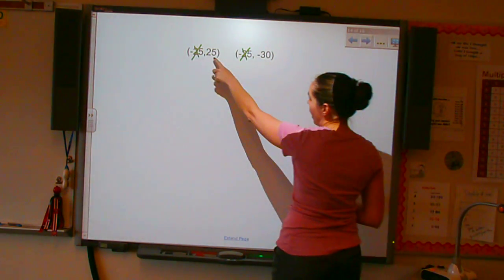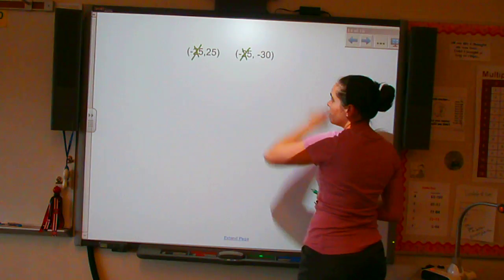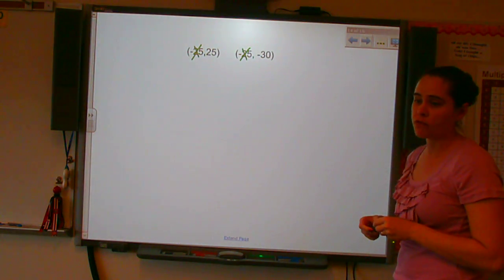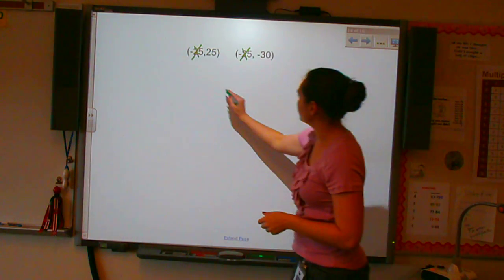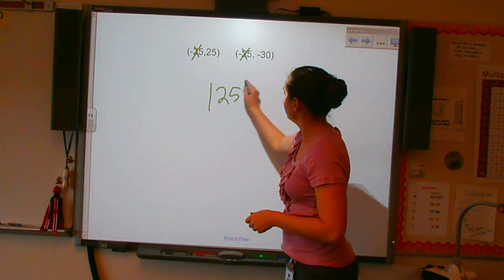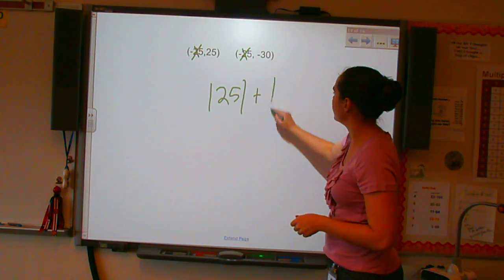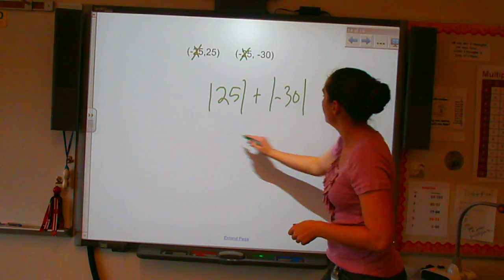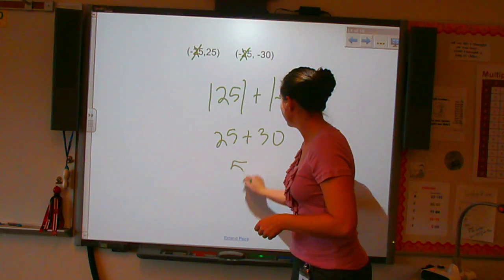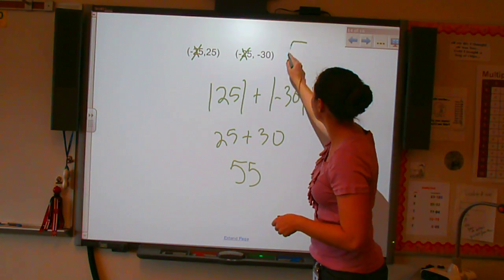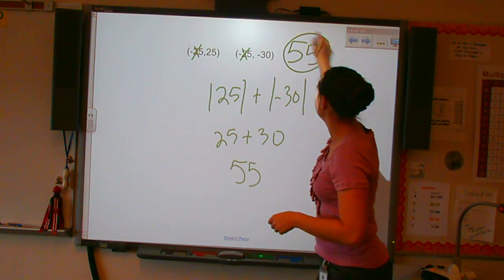Well, we have a positive 25 and a -30. That tells us it crosses over the 0 axis. So we're going to use our absolute value. So that's going to be 25 plus the absolute value of 30, which is 25 plus 30, which is 55. So the distance here is 55.